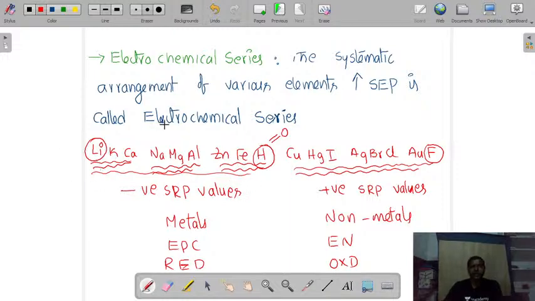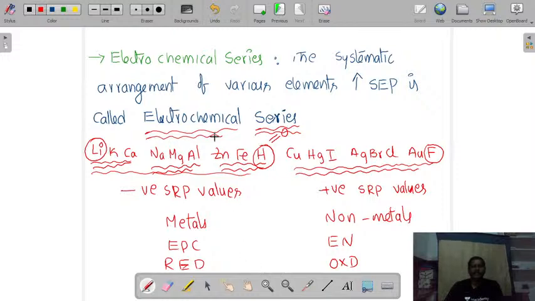So, with the help of the electrochemical series, we can predict the nature of an element, whether it is a metal or non-metal, whether it is reactive or less reactive, and whether it acts as an oxidizing agent or reducing agent. These can be predicted by SRP values.